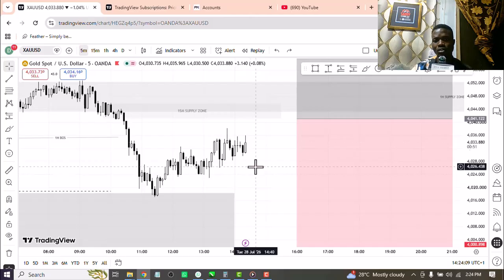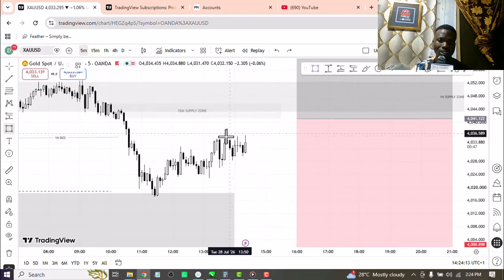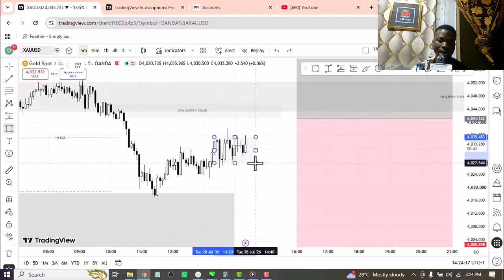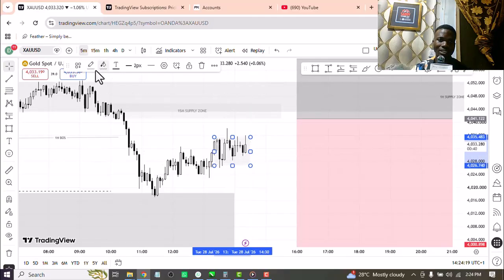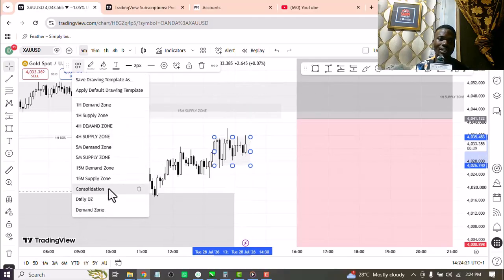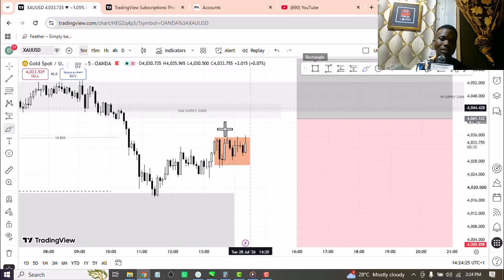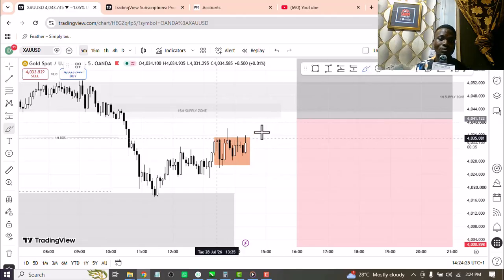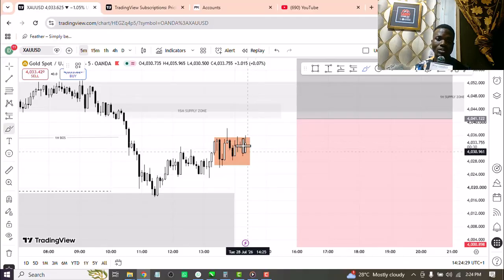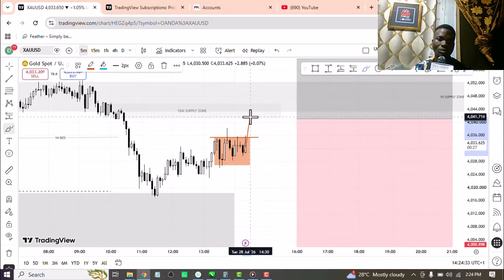Right now I can identify what price is doing. Price is consolidating, and it is not advisable to enter this trade right now. What I'm expecting is for price to clear all this liquidity above here, all the way up, somewhere around here.